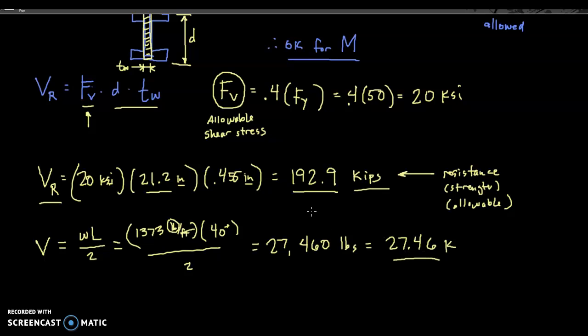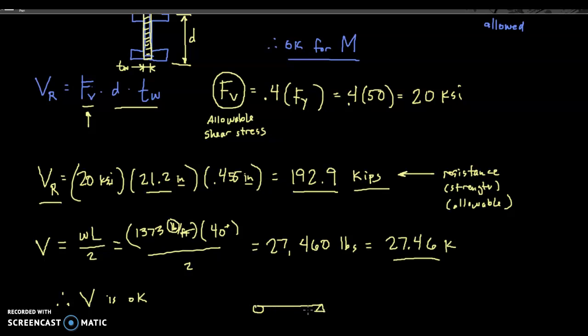Not surprisingly, our resistance is much, much higher than what's actually being applied. So shear rarely controls a design. Therefore, shear is okay. The only situation where shear might be an issue is when you have a really large concentrated load applied close to the support.